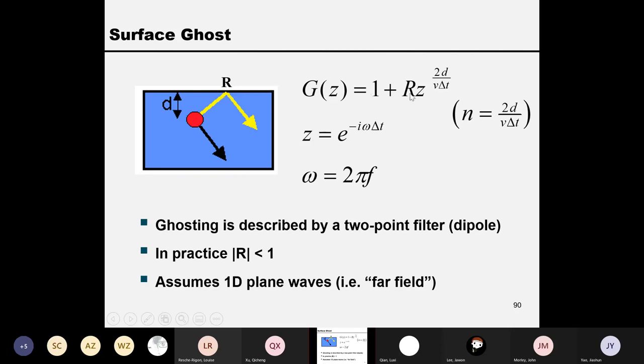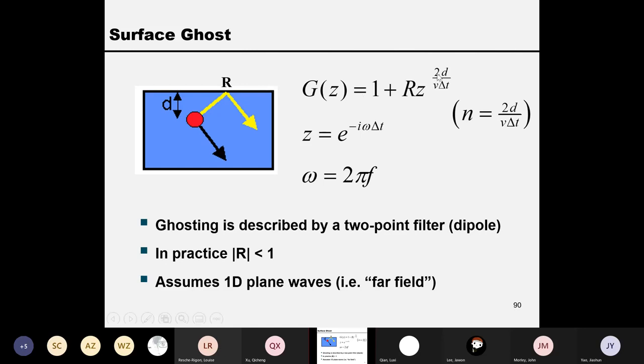For generality, we just call it R. So the first sample is 1, another sample is R. How to work out the time index of R? Basically, the travel goes up, comes down, the distance divided by velocity. That's the travel time, and then divided by the time sample interval.